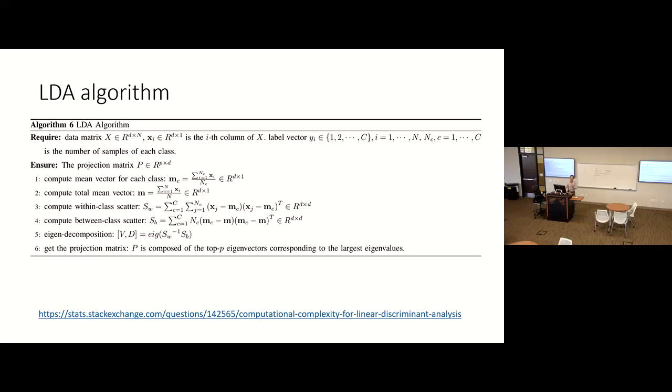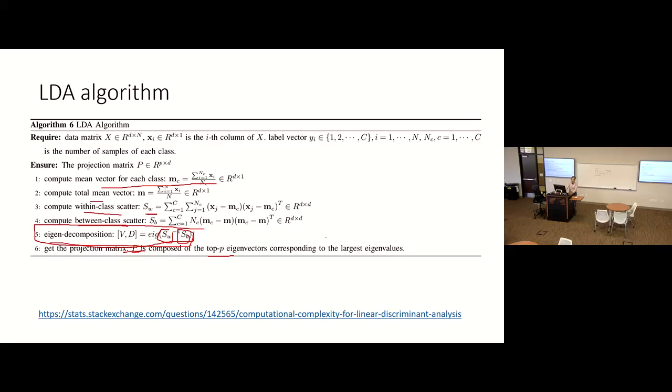If you look at the algorithm itself, it's very similar to PCA. You center your clusters, but then you compute the within-cluster and between-cluster scatter. Similar to a covariance matrix, you do an eigendecomposition, and then you get your PCs.